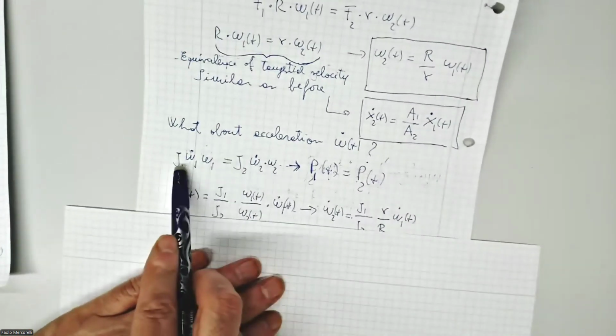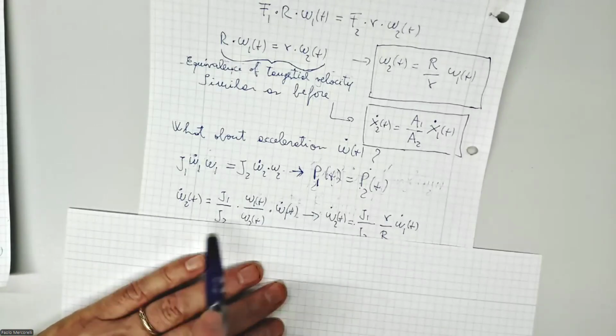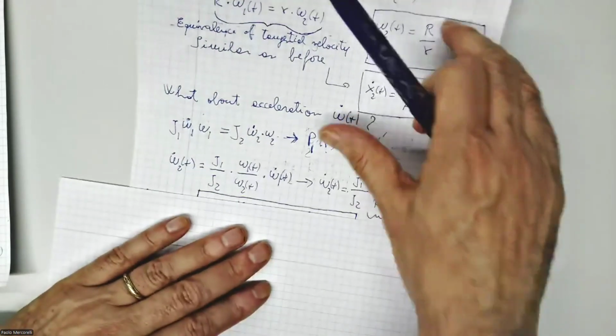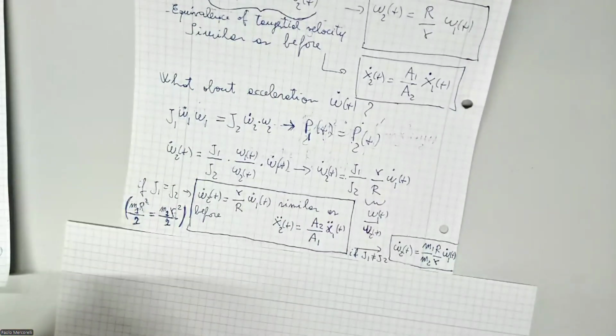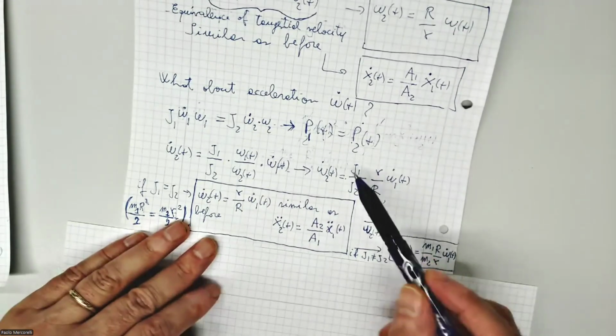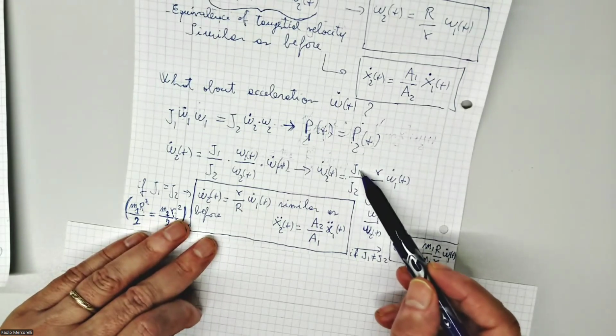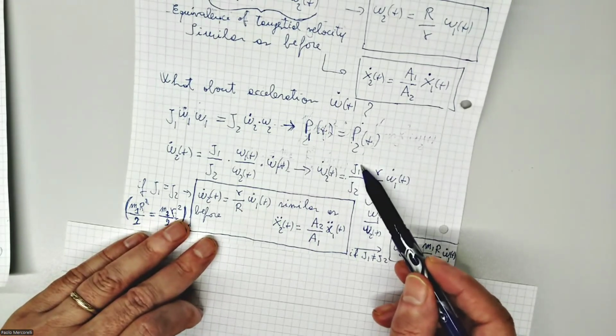And now, from here, we have a similar expression as before. A little bit more complicated, because now we have to weight by I1 and I2.